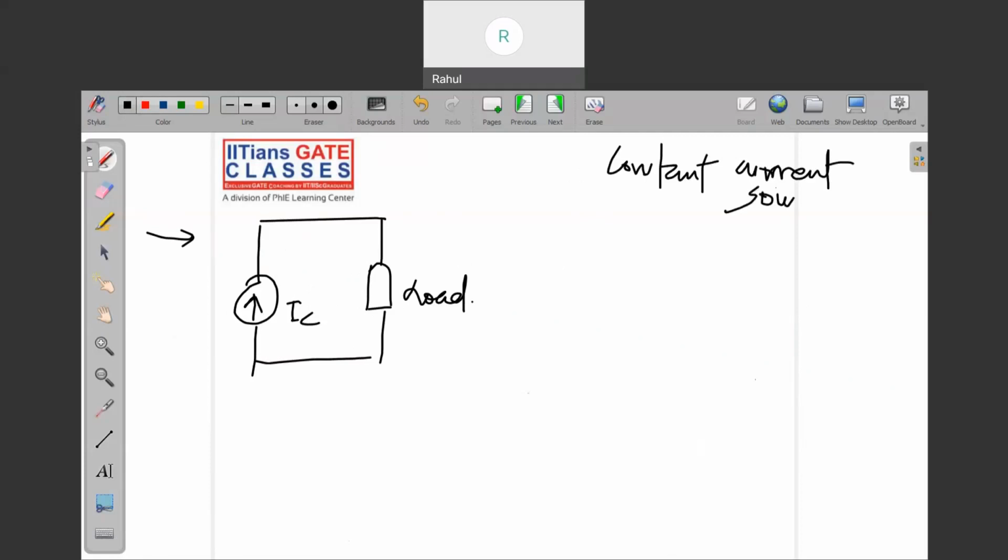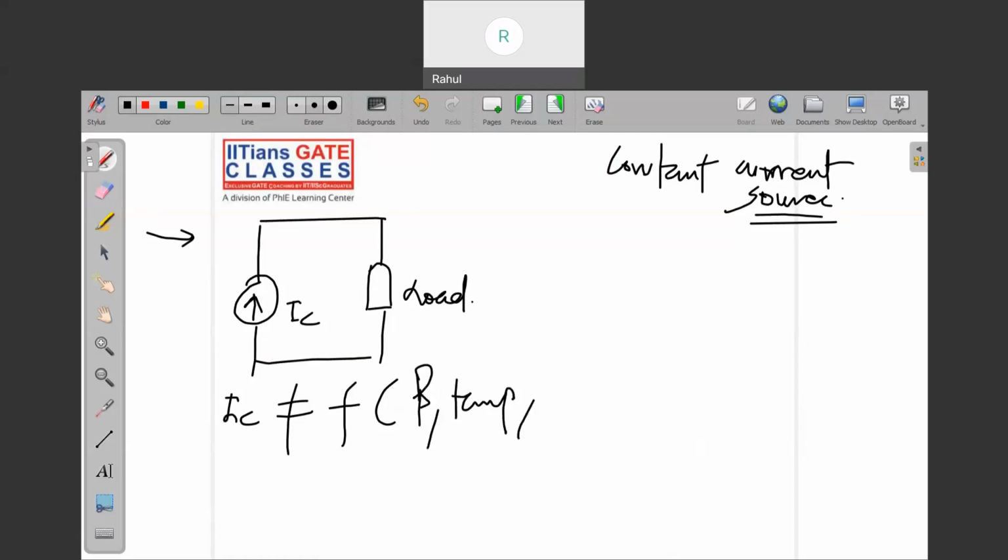I discussed this in the case of the op amp as well, when we were trying to design an integrator circuit. So IC should not be a function of beta, temperature and load.